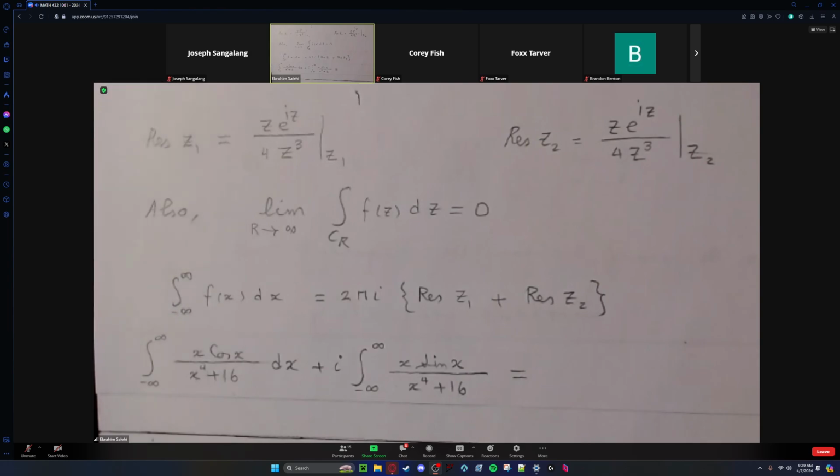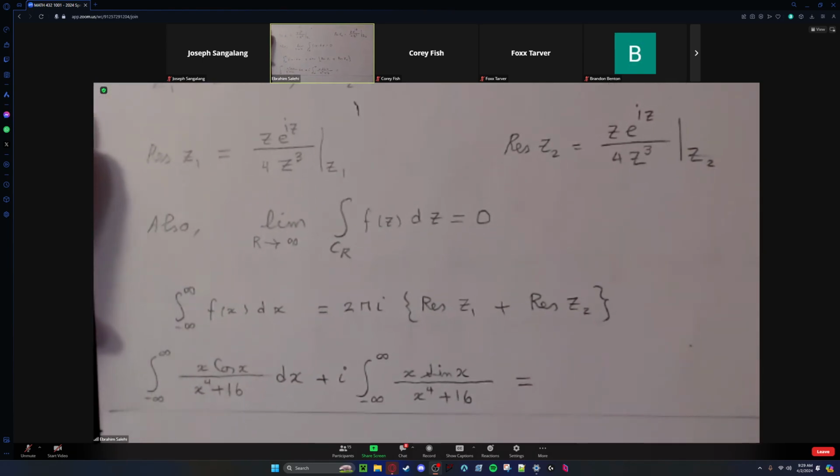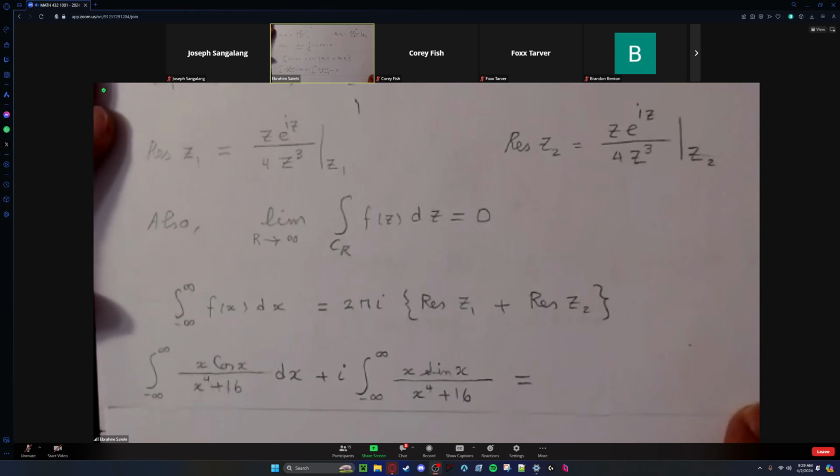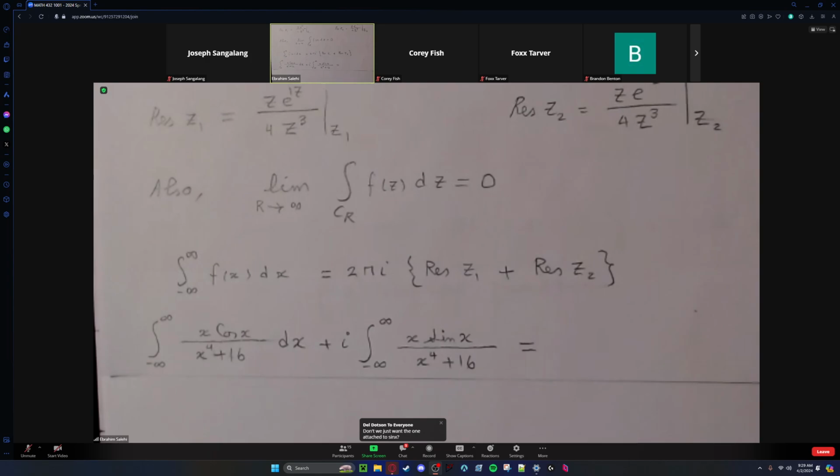Any comment, any question? Don't see any question. But you're right, we wanted just the one attached with sine x, but we got the other one for free.